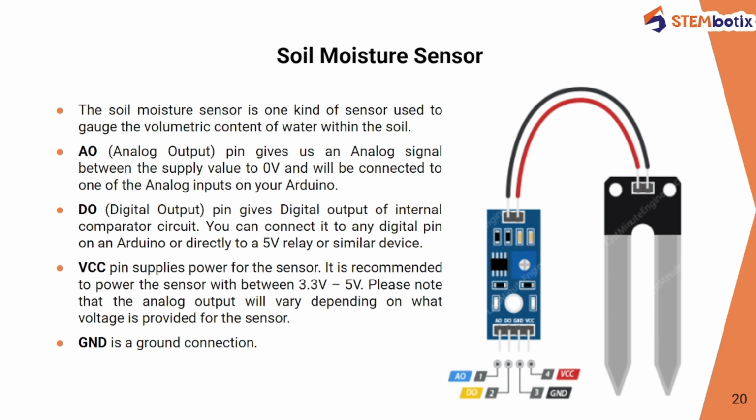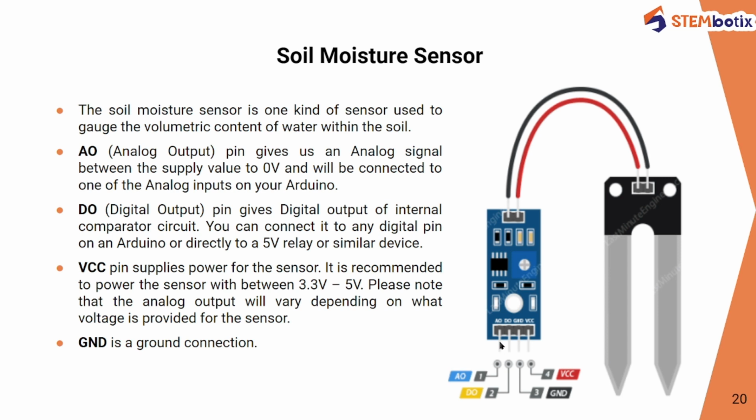Now it has four different pins, as you can see in this part of the module, named A0, D0, GND and VCC. First, this is the A0 pin, which you can also refer to as the analog output pin.